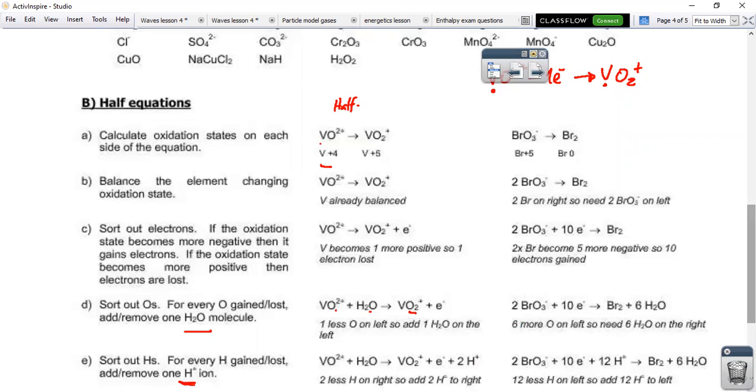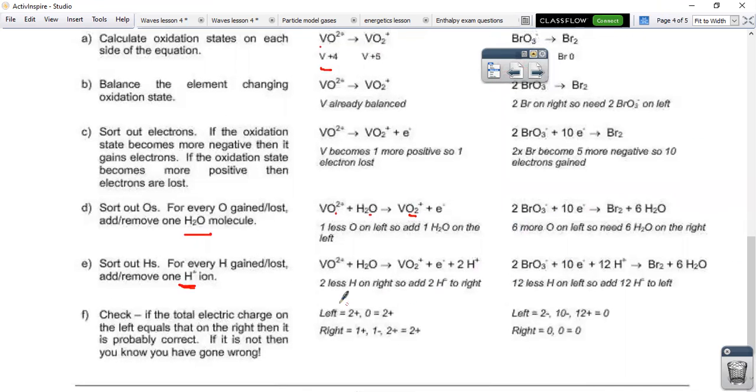Now the last part, which is super critical: do not forget this part. Check that the total electric charge on the left-hand side equals the charge on the right. If they're not equal, then you've made a mistake. We have a total charge of 2+ on this side.